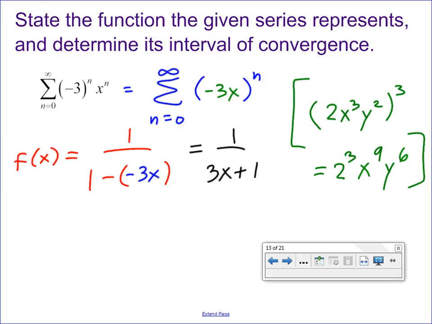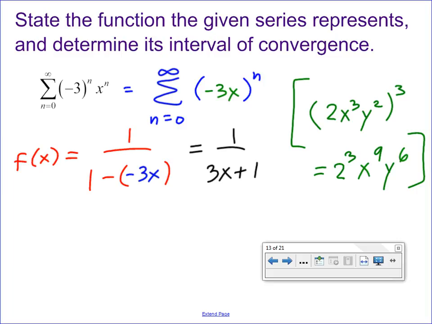Cool. So let's go ahead and determine my interval of convergence. For that, I'm going back to the substitution that we made. We know that our regular parent power series converges for absolute value of x less than 1. However, in this case, it wasn't x, it was negative 3x.